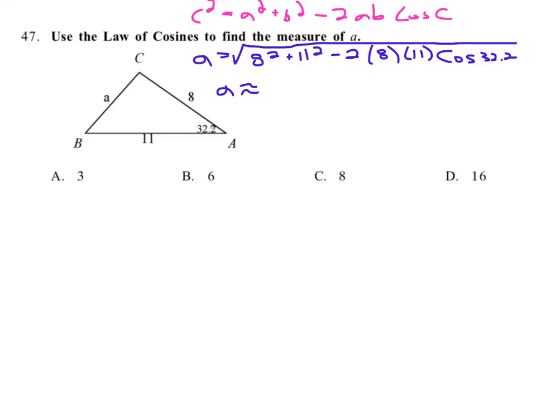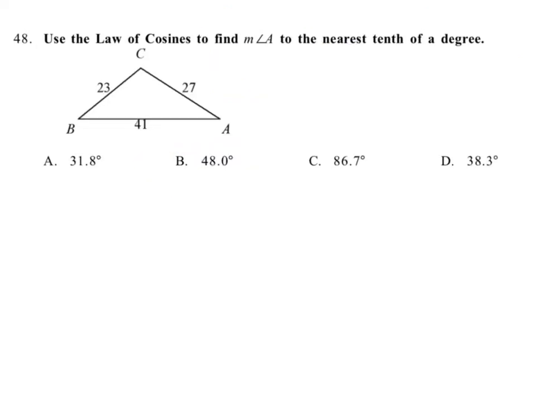Close that parentheses, hit enter, and what you see is 6.00583073, or just 6. Short answer, 6. Okay, easy. That's when you're finding a side. When you're finding an angle, it'll be a little bit more tricky. Let's see what we got coming up.